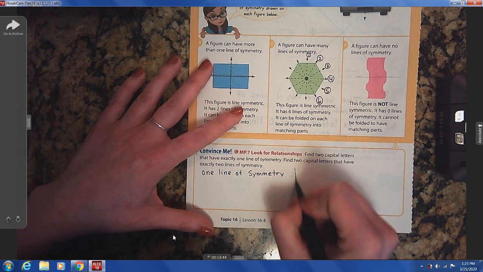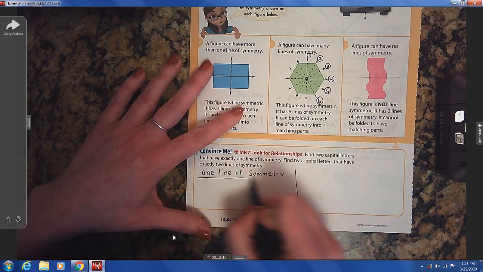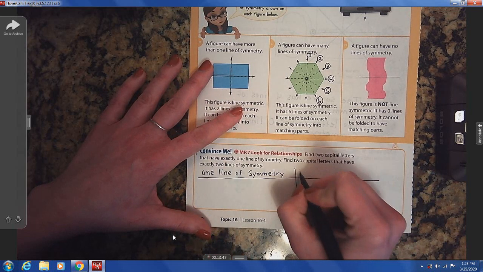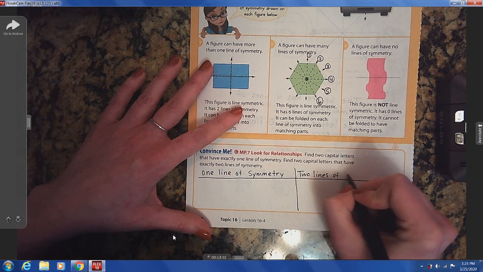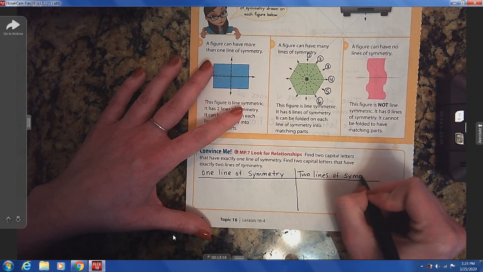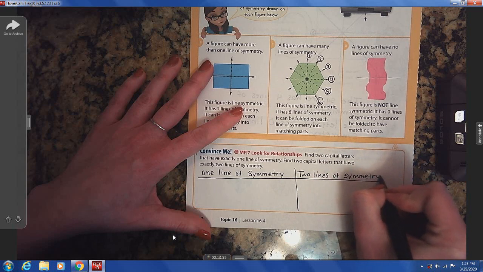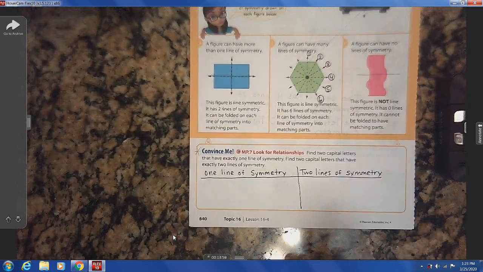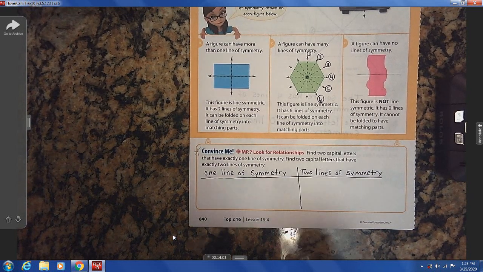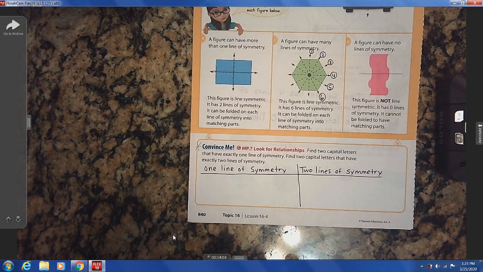You need to have 2, and then 2 lines of symmetry. You need to have 2 for each. So you can go ahead and pause the video here, try to figure it out, and then unpause it when you have 2 capital letters on each side.